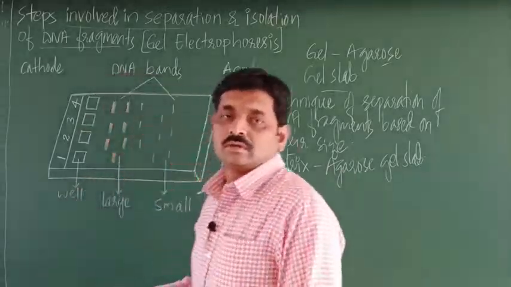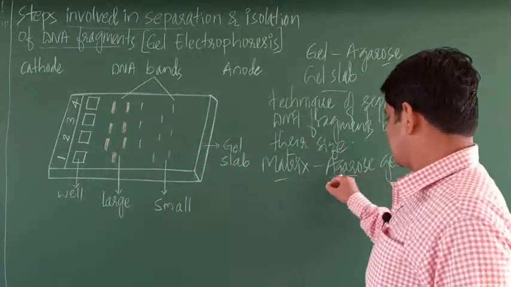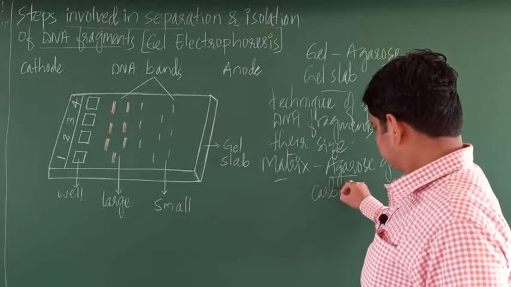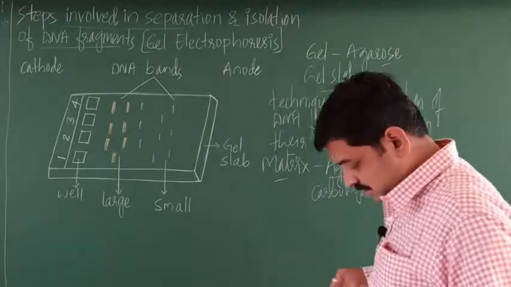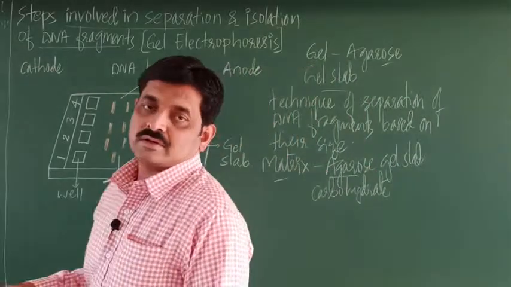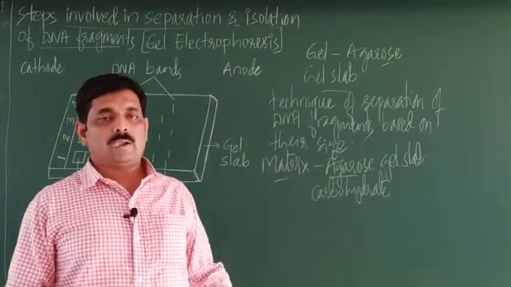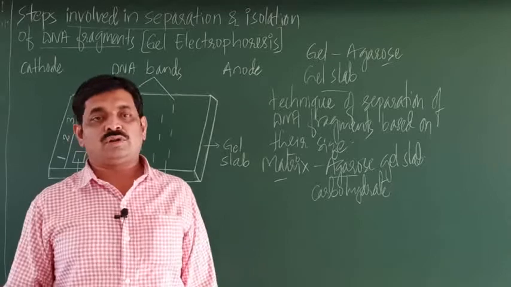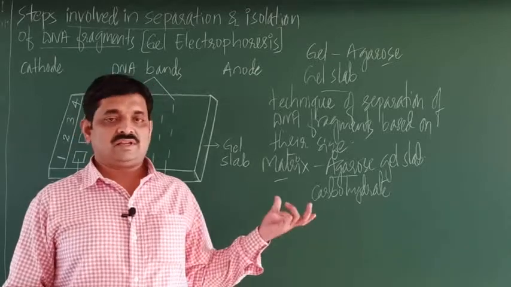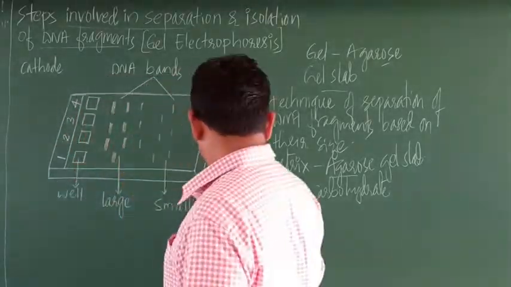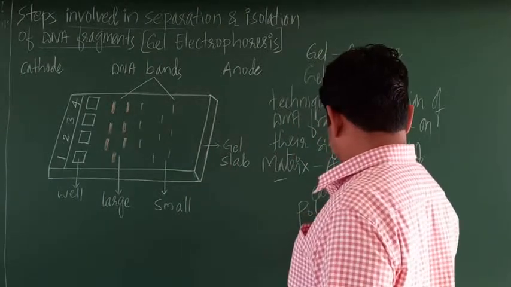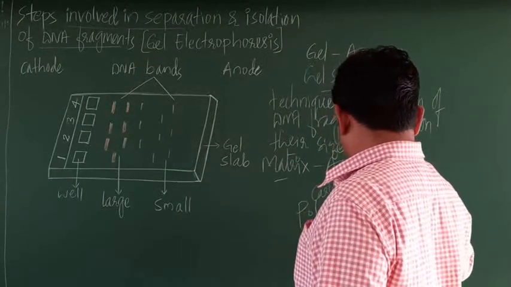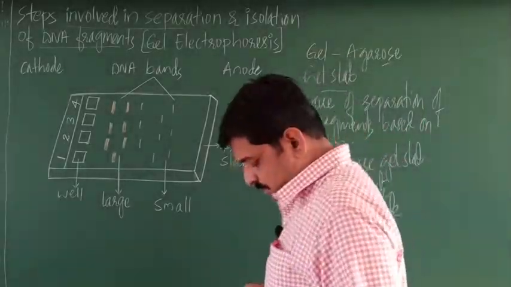This agarose is a carbohydrate. Under carbohydrate, what type of carbohydrate? So it is a polysaccharide. Agarose is a polysaccharide.